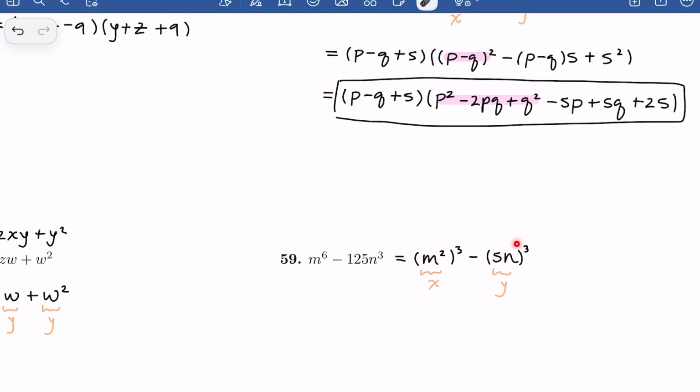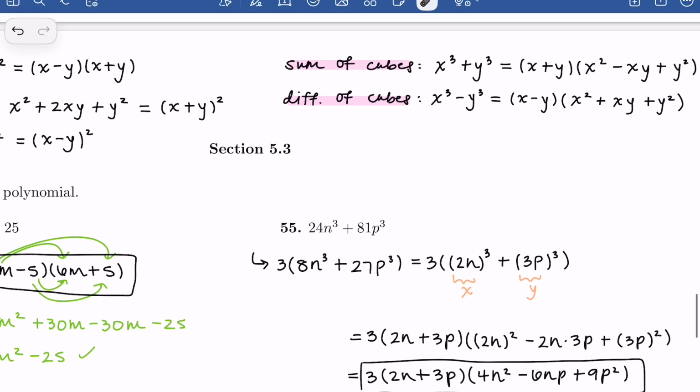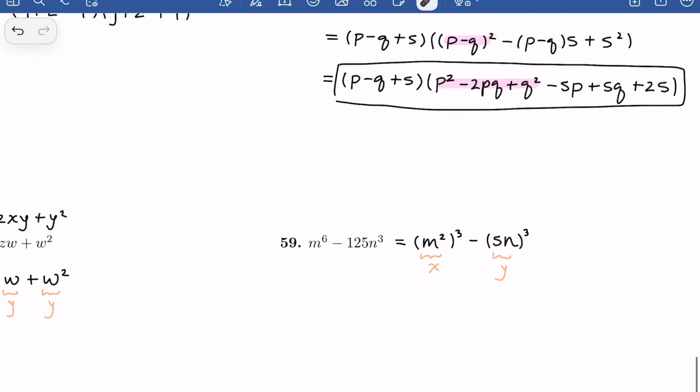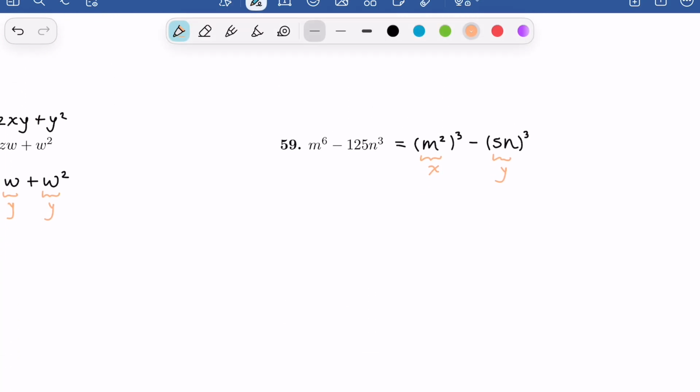So now what we're going to do is plug these into our formula for the factored form of our difference of cubes. We're going to start out with this x that we found to be m squared minus our y, which we found to be 5n. So we're going to have m squared minus 5n.